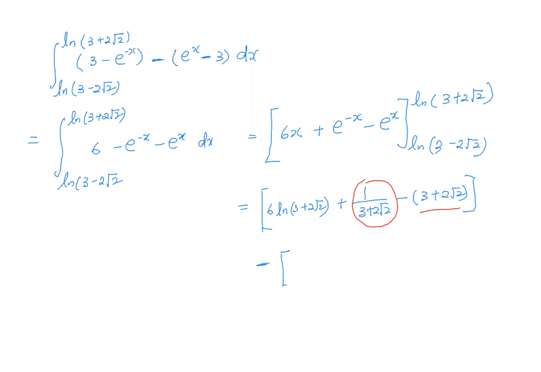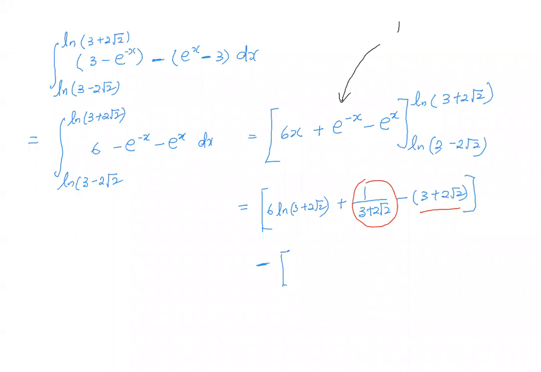Thaddeus, can you tell the class how I get this from here? Because e to the power negative x equals 1 over e to the power x, then e to the power ln something equals the something there. Yes, thank you. Class, do you get it? So that kind of step you don't have to write if you can work in your mind.